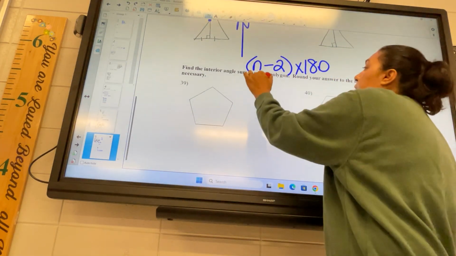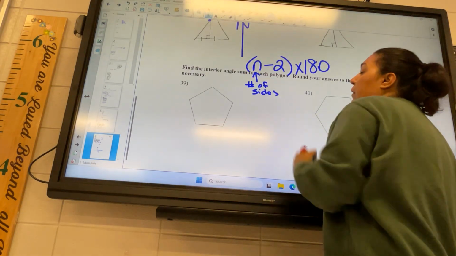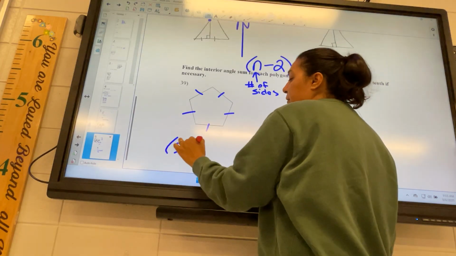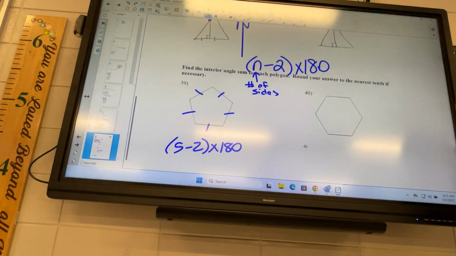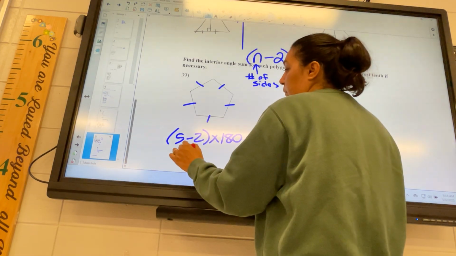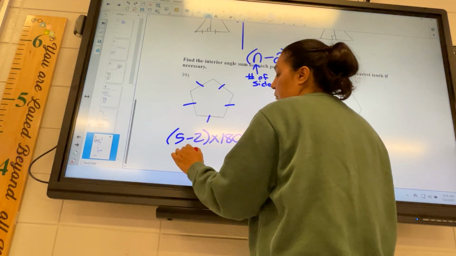So on this one, they got 1, 2, 3, 4, 5. So it's really going to be 5 minus 2 times 180. And what is that? 540.